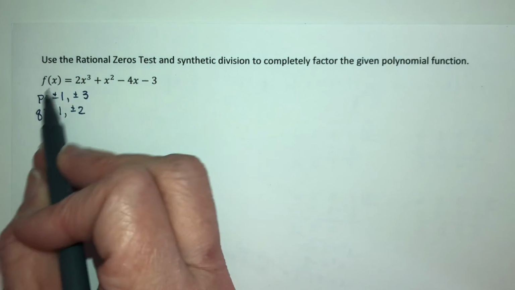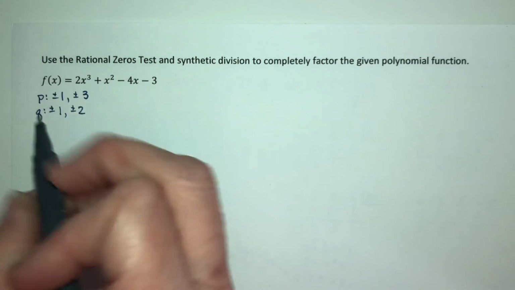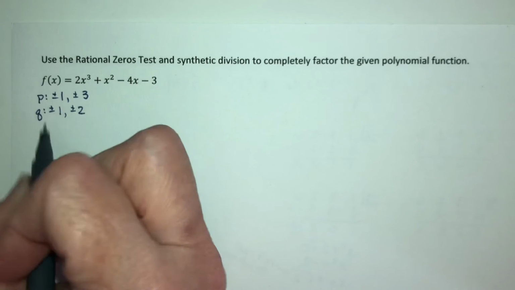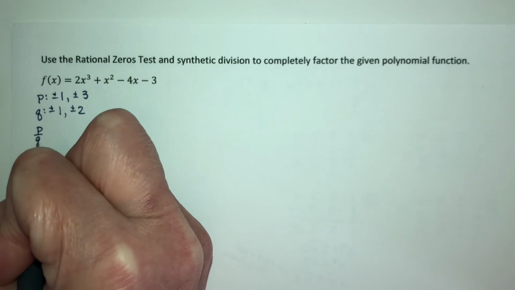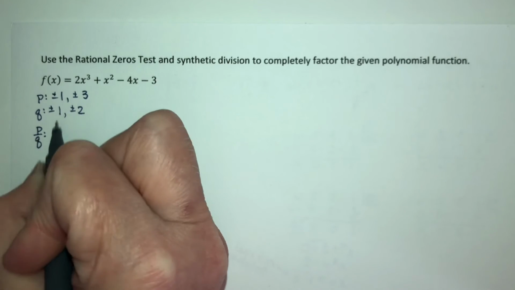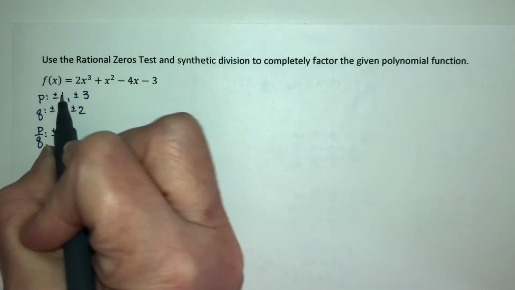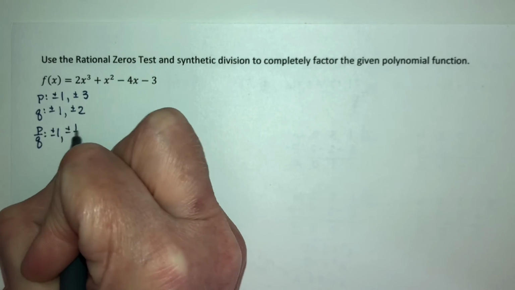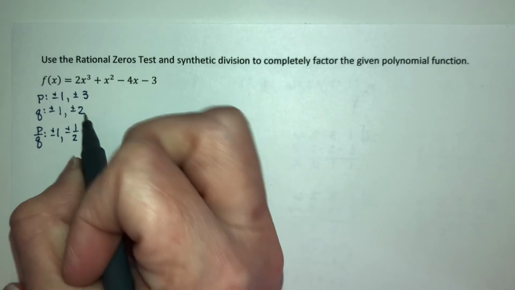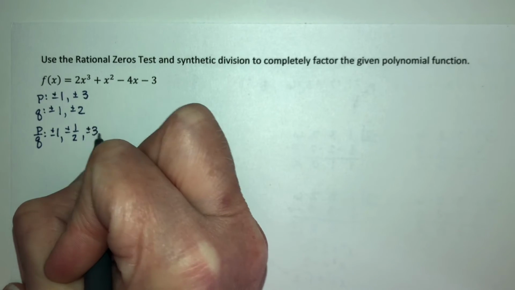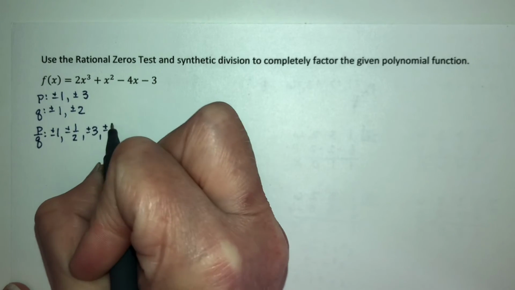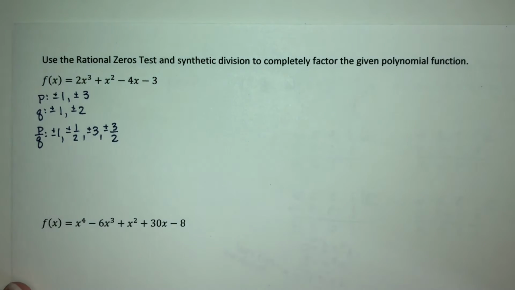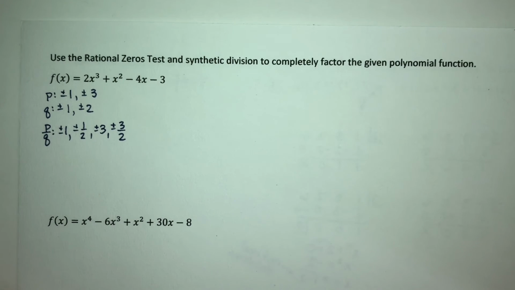I do need to write down my p over q values since q is more than just a 1. So p over q could be 1 over 1, 1 over 2, 3 over 1, and 3 over 2. So I have 8 possibilities.